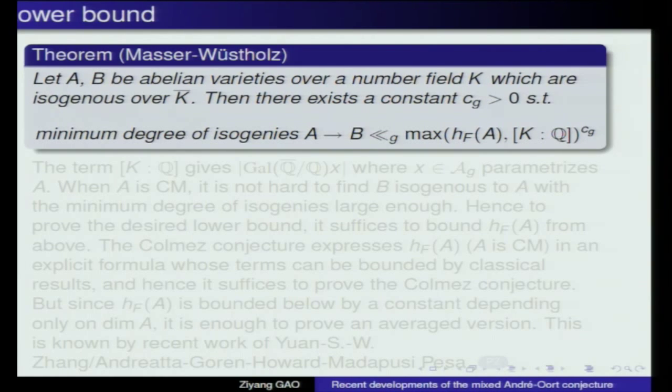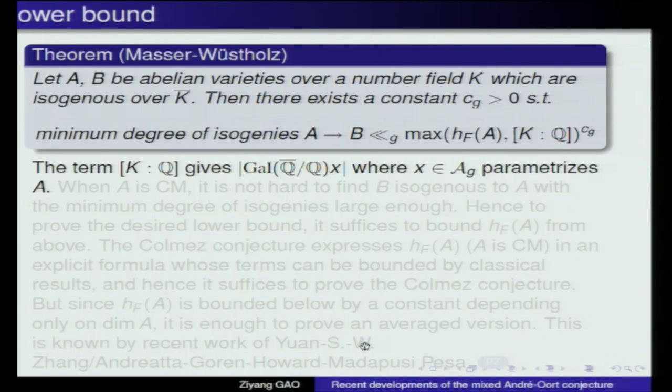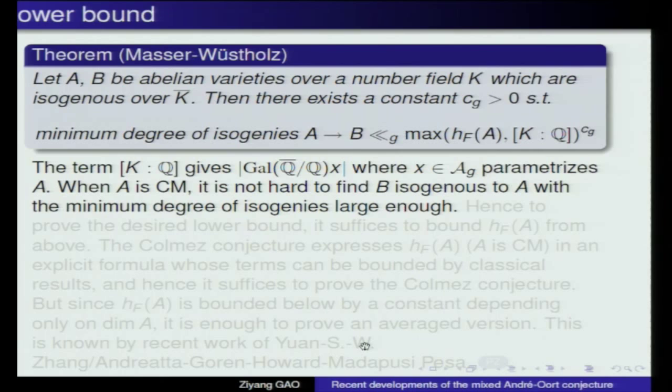So let's take a closer look at this theorem. First of all, the term [K:Q] is essentially the Galois orbit of x, up to a constant. Then when A is CM, the left-hand side is easy to control. We can produce a B isogenous to A with the minimum degree of isogeny large enough.